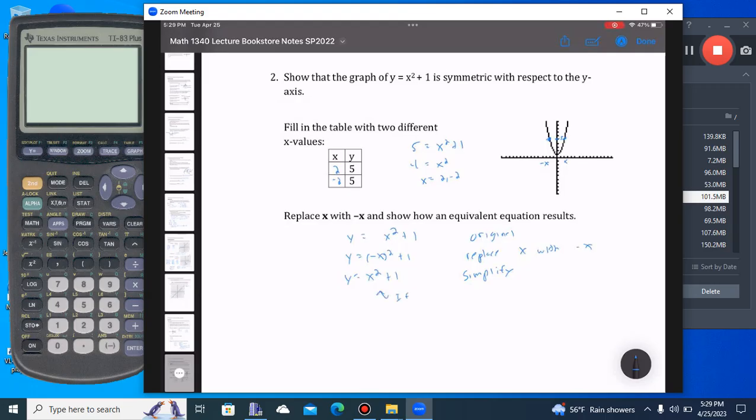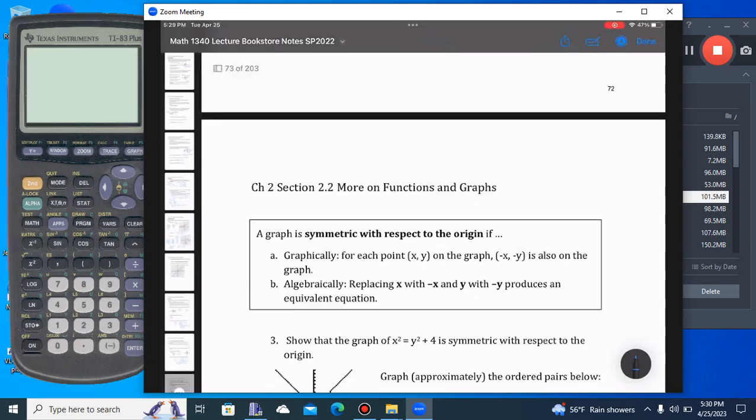If the result is the original equation, then that equation is symmetrical to the y-axis. Okay.